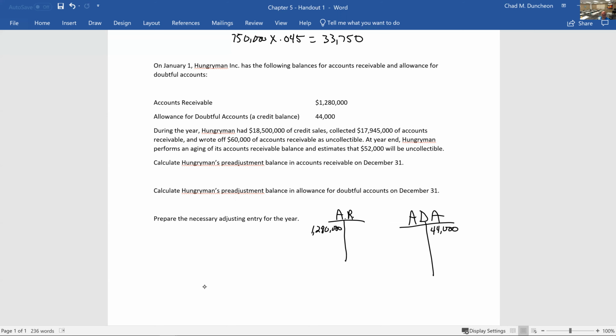So we have $18,500 of credit sales, and we collected $17,945 of those sales.